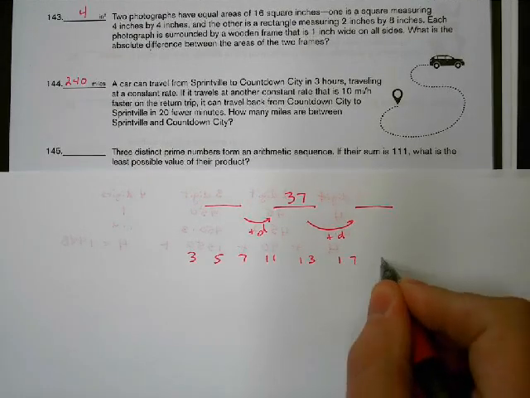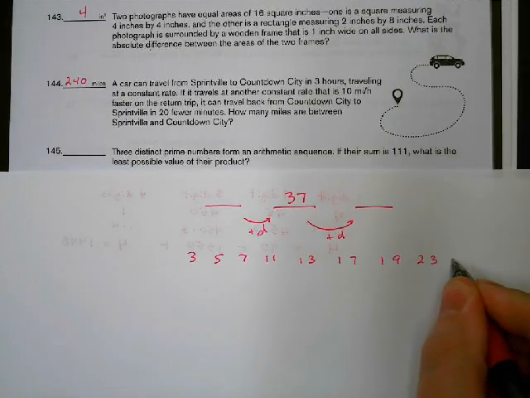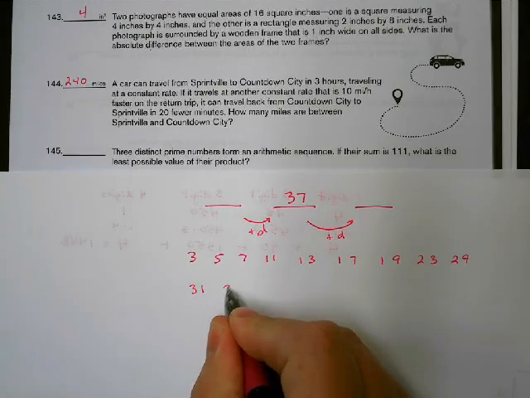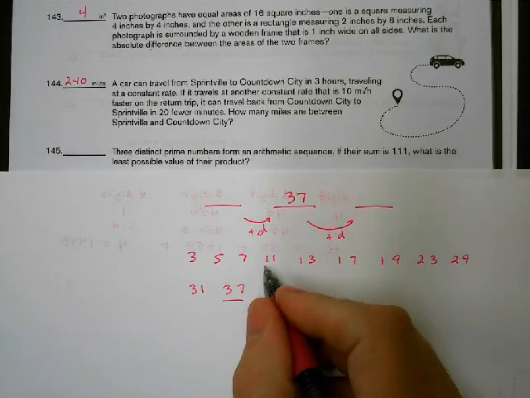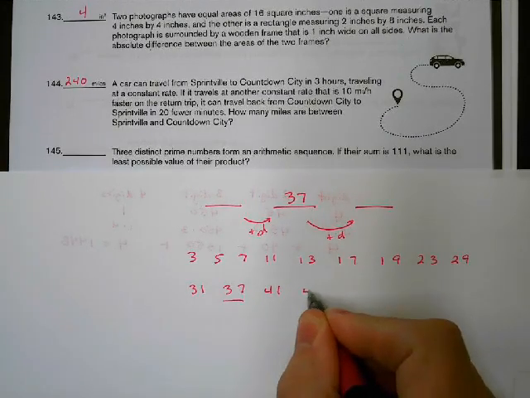23, 29, 31, 37. That's the one that's in the middle right there. 41, 43. I'm just going to stop right there. All right.